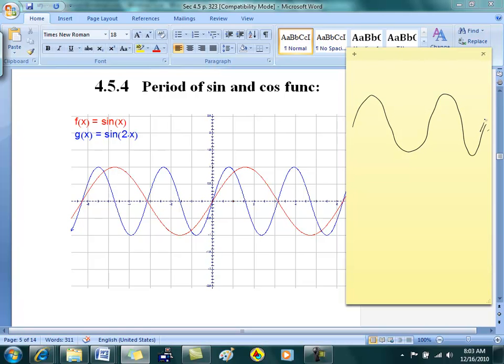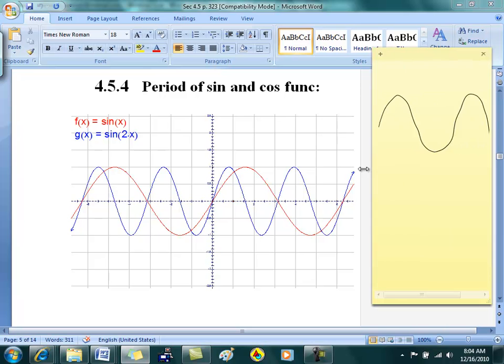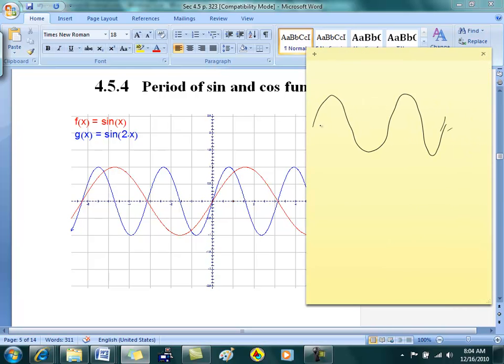It's not obviously drawn perfectly, my apologies for that. This distance from here to here is one period, because that's one cycle, and after that it just repeats itself over and over again.